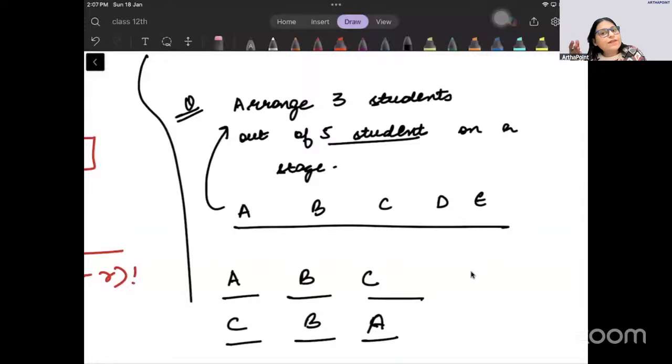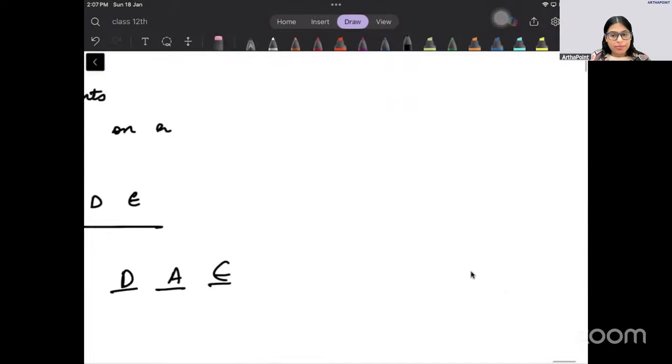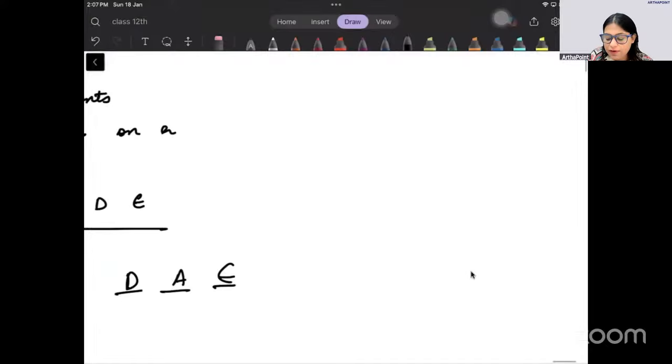So A sitting in the first place and then B and then C, ये एक अलग arrangement है. And C sitting first and then B and then A is different. And D sitting first and then A and then E is different. So each of them is different. Right? So arrangement matter कर रहा है. Then we will use permutation, so it will be nPr.